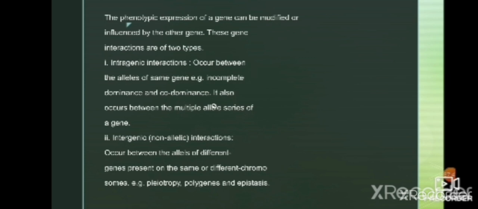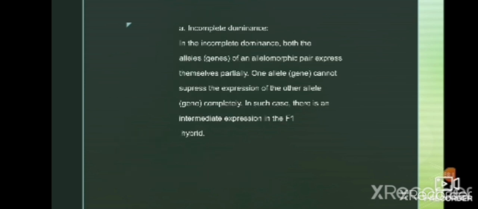It also occurs between the multiple allele series of a gene. Second, intergenic interactions occur between the alleles of different genes present on the same or different chromosomes, for example pleiotropy, polygenes, and epistasis.